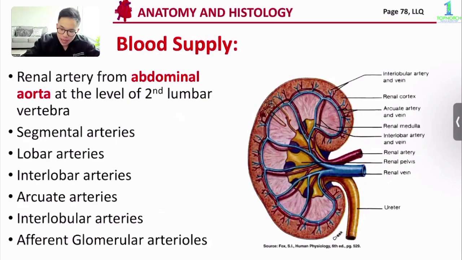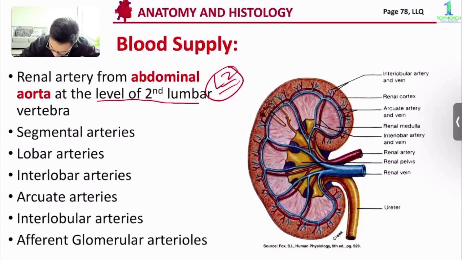Now, the blood supply of your kidneys comes from the abdominal aorta at the level of L2. It breaks out into smaller arteries, starting from the segmental artery, then the lobar artery, the arcuate artery, the interlobular artery, these small branches branching out, and then going towards your afferent glomerular arterioles.